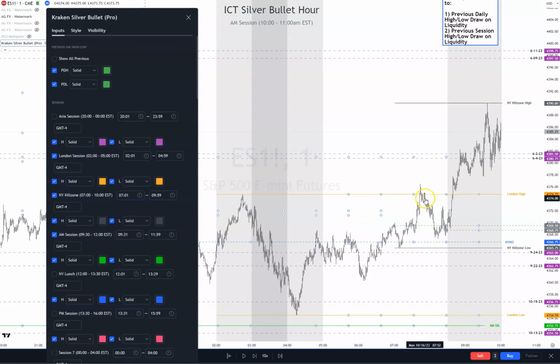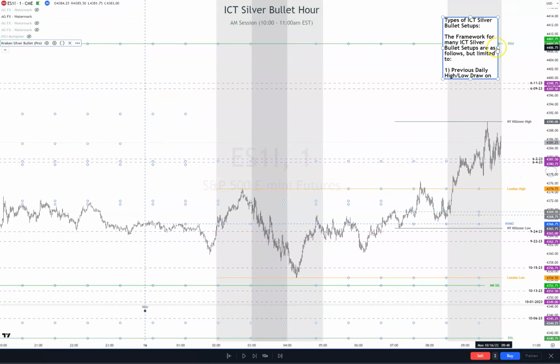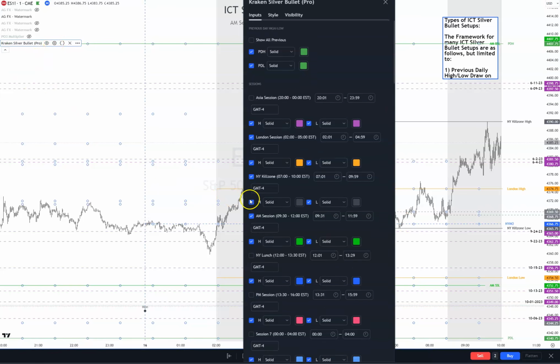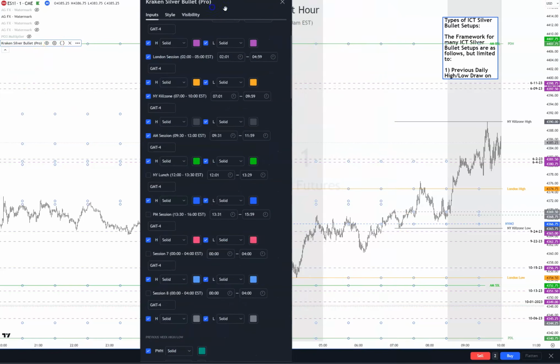Sell side is down, buy side is way up here. Previous daily high. Okay, so we'll turn that off because we have previous daily high up here and we have it down here. So we'll just turn the high off so we can see the previous daily high. All right, so we just turn that off. Let's turn on the New York lunch.